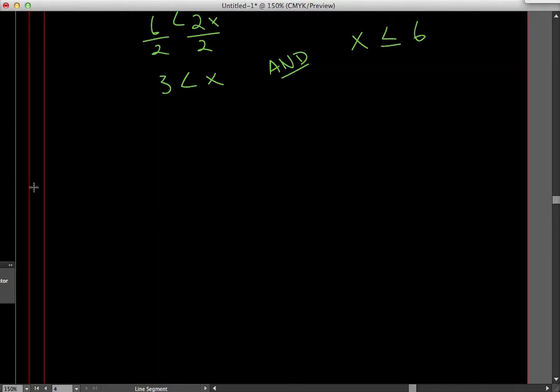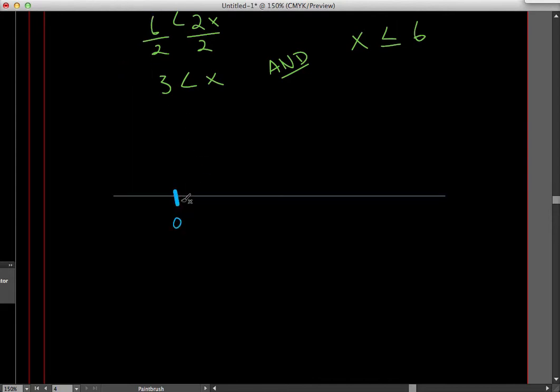So let's grab a line tool and make a quick line graph here. I'm going to make the 0 over here.